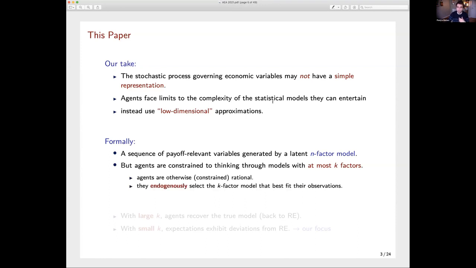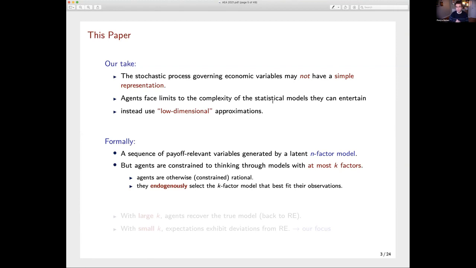Our agents will be otherwise constrained rational. What I mean by that is that the agents perfectly observe the sequence of payoff relevant variables. They know all the general equilibrium effects. Essentially, they know all the no arbitrage conditions that determine the asset prices, and they're capable of Bayesian updating.